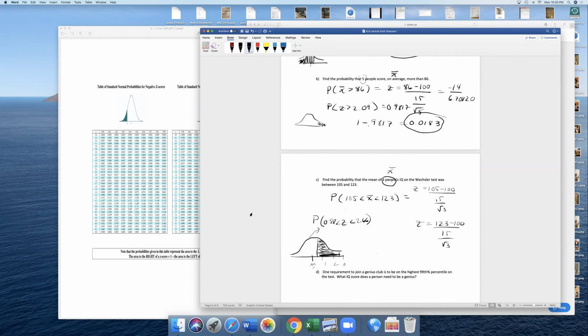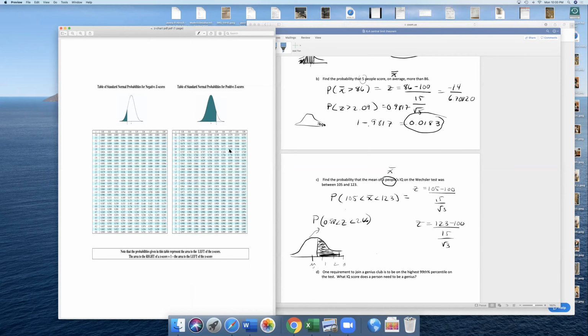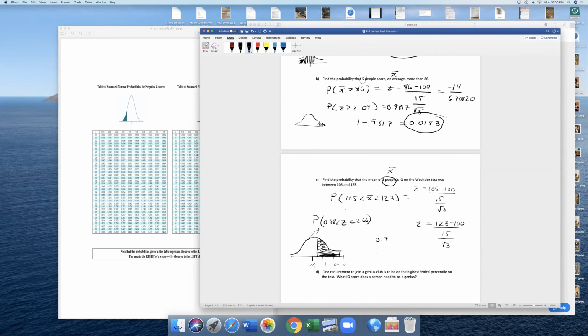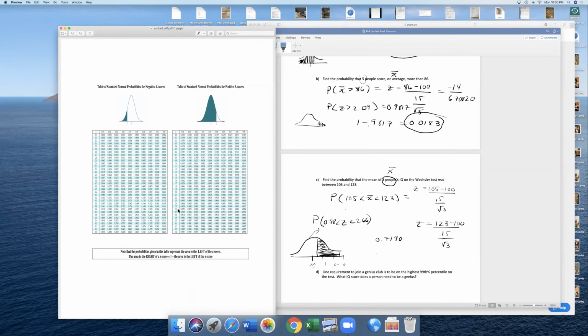Okay, ready? 0.58 is associated with 0.7190. 2.66 is associated with 0.9961.